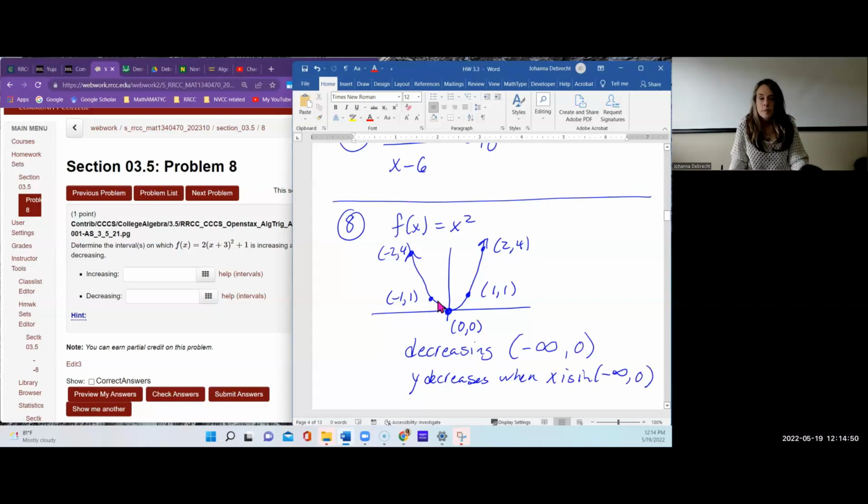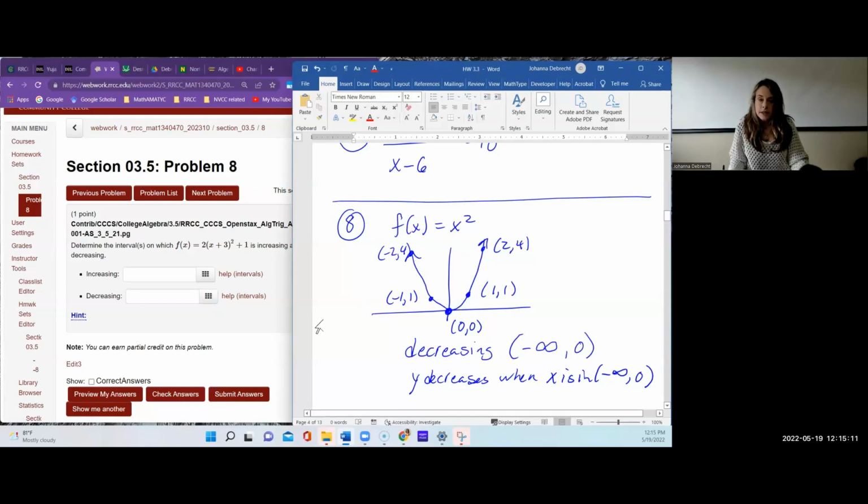What about increasing? Again, you have to go left to right. Whether it's uphill or downhill depends on the direction you travel. The direction in mathematics is left to right. From the left to the right, what happens from 0 to infinity? Put your cursor on the graph and move it. It's going up.